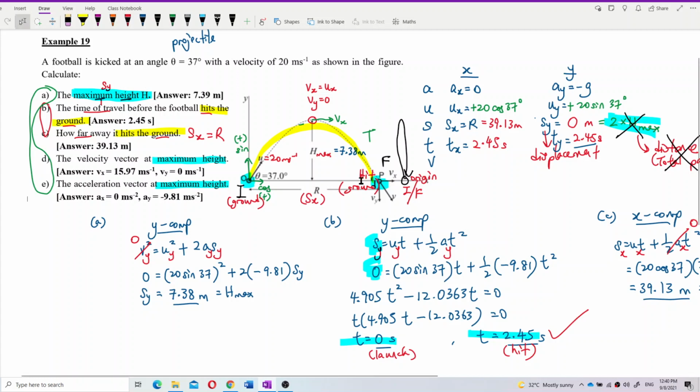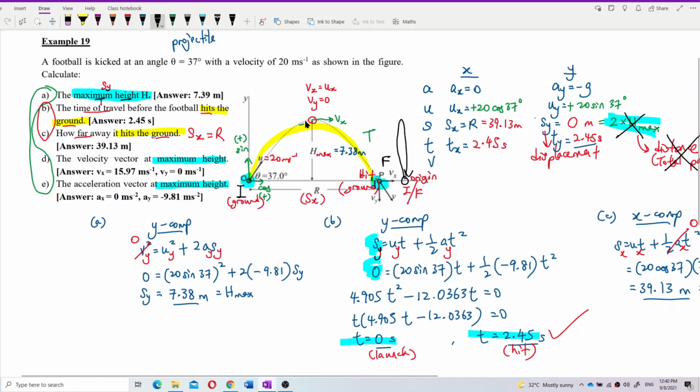So they have different conditions. Do you know that? For B and C, the final point is at hit the ground. The final point is over here. For A and D and E, it is at maximum height.